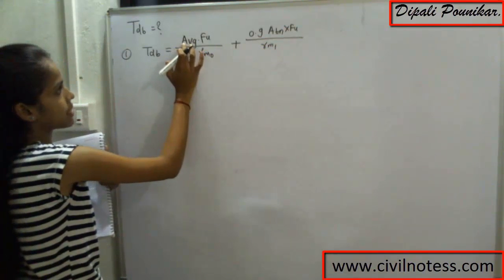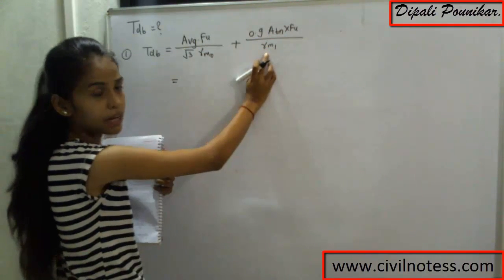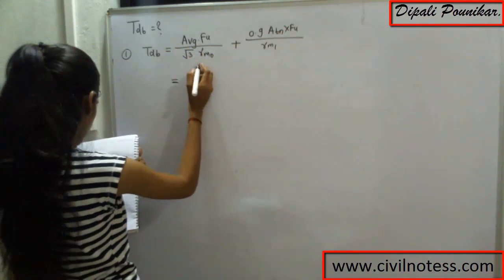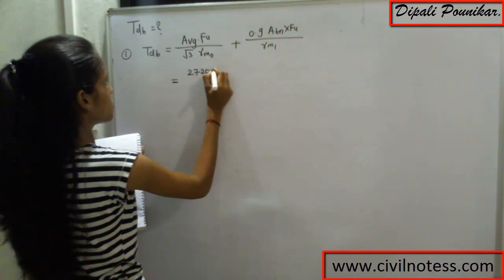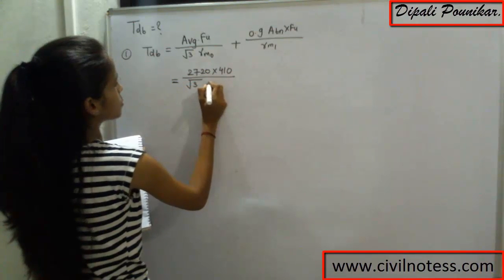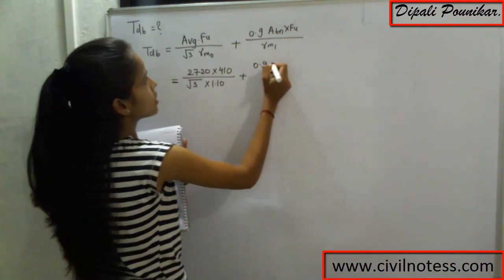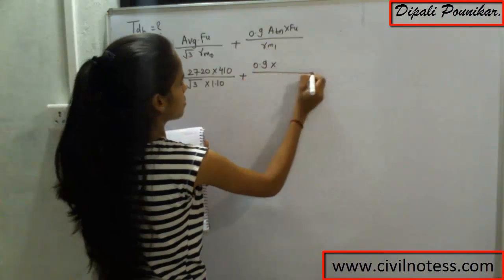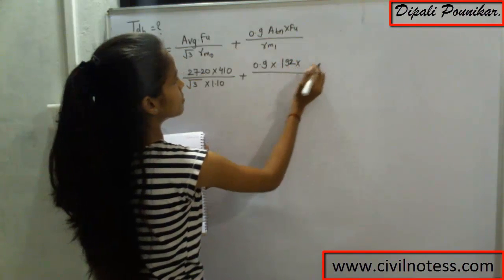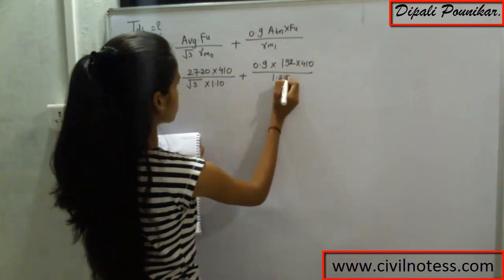We know the values of AVG, FU, gamma m0, ATN, gamma m1. So putting the known values, AVG equals 2720 into FU, that is 410, upon under root 3 into 1.10, plus 0.9 into ATN, which is also already calculated, FU 410 upon 1.25.